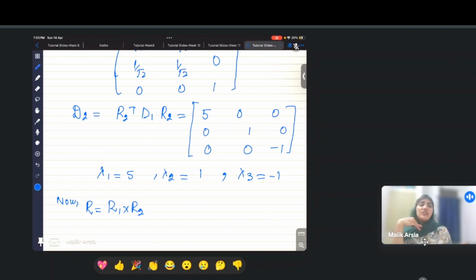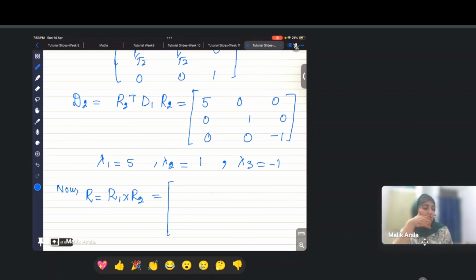The number of iterations you perform, that many rotation matrices you have to multiply, and that will give you a final rotation matrix. Now when you multiply R1 by R2, if you have done it, tell me. If not, do it now and tell me what is R1 into R2.